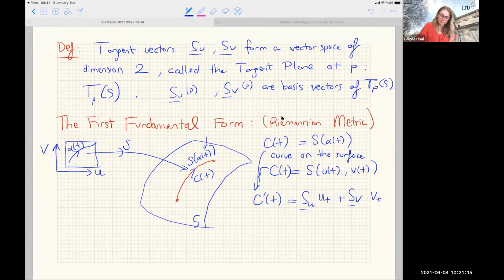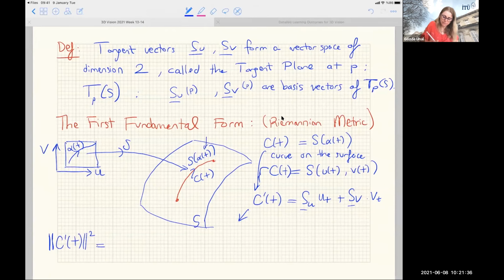This is helping me because I want to look at the magnitude of this thing, the speed. So for ease, let's look first at the square of the magnitude, because that's really the inner product without the square root.